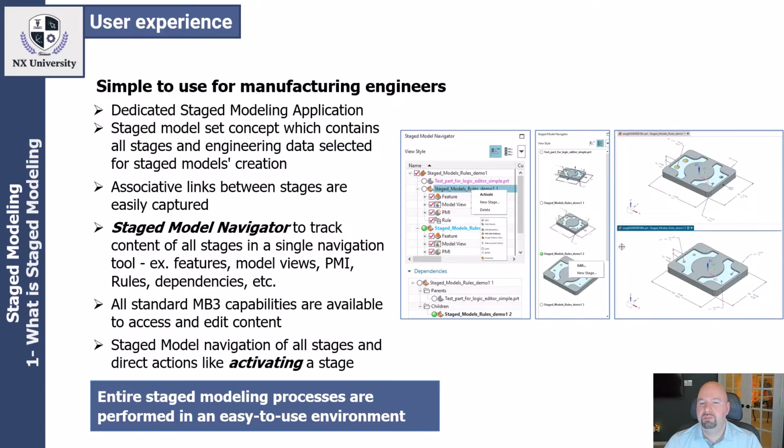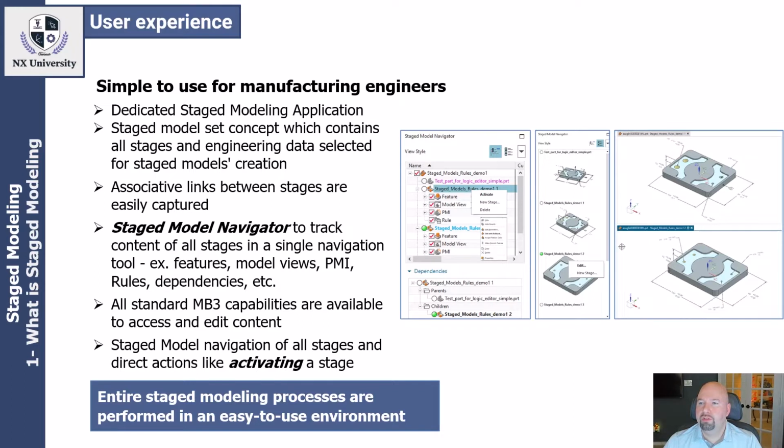The entire stage modeling process is going to be performed inside an easy-to-use environment here. That is the stage modeling application. If you look at the windows over to the right here, you can see the stage model navigator is going to be on the left-hand side. The next section over, you're going to see a different representation or capability to present that with a more graphical picture of the different manufacturing stage if you want to present it that way inside the stage model navigator.